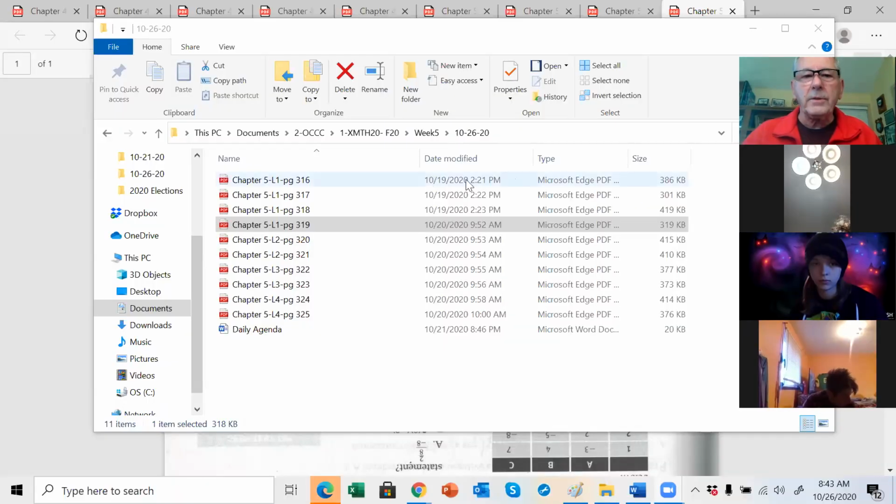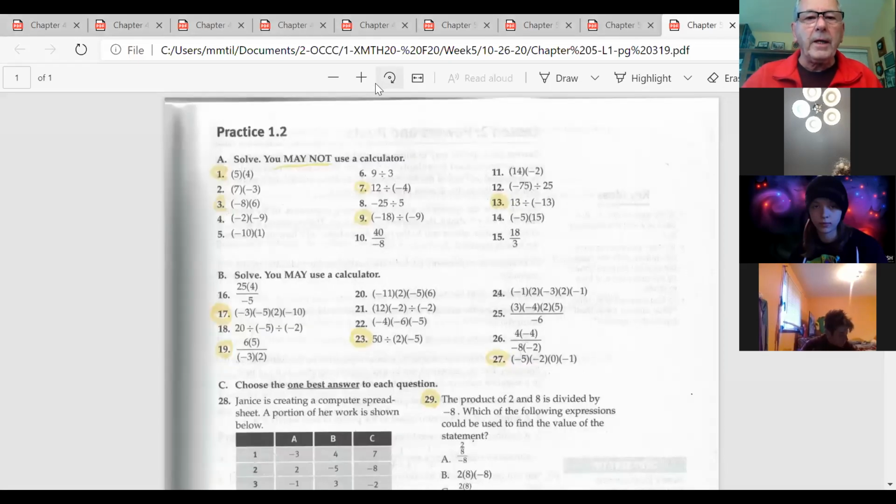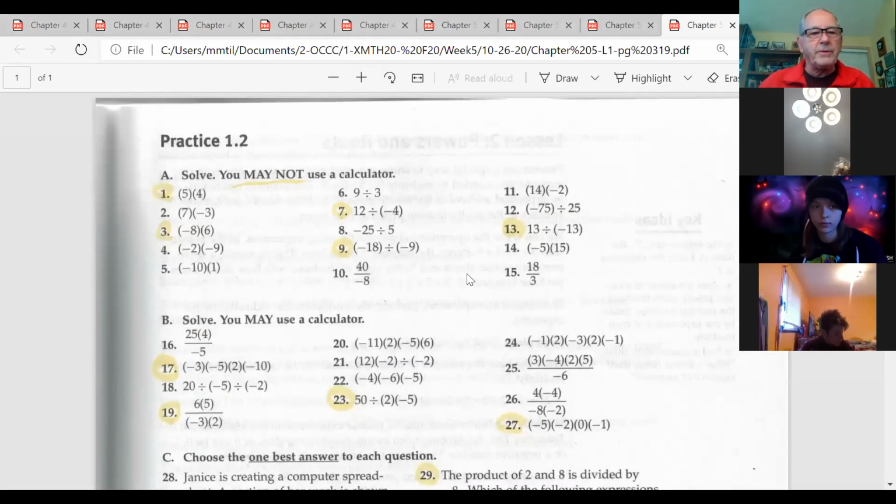Okay, here's the page. These are the problems on what we just talked about. For the top one, they want you to solve it without using a calculator.